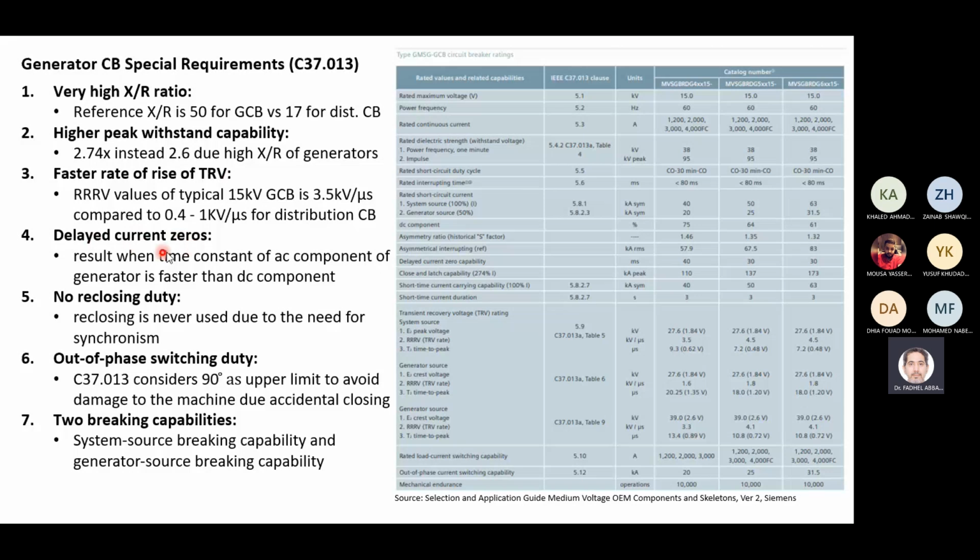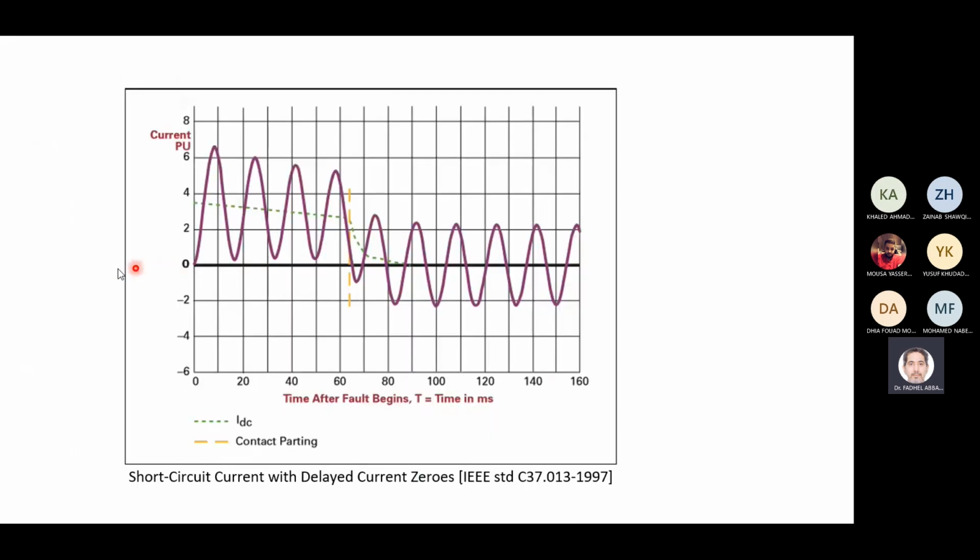I will show this later. When a fault occurs close to a generator, there are asymmetrical AC current and DC components, so the fault current will have no zero crossing.